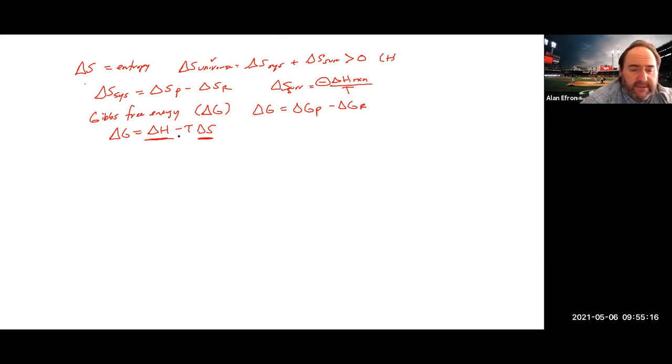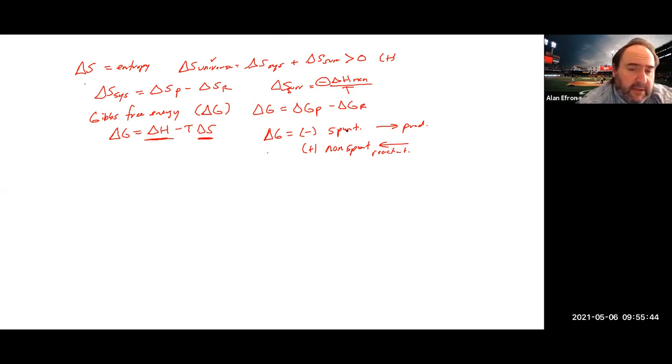The delta G value is basically the energy available to do some type of work. If it is negative, the reaction is typically spontaneous, heading towards our product side. If it is a positive value, it's the opposite: non-spontaneous, heading towards our reactant side.